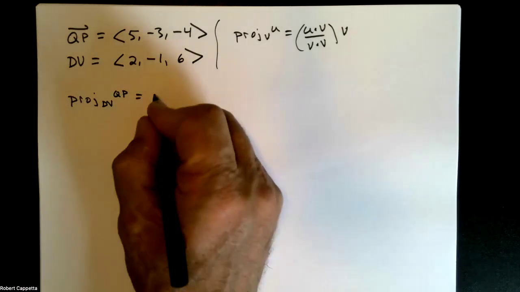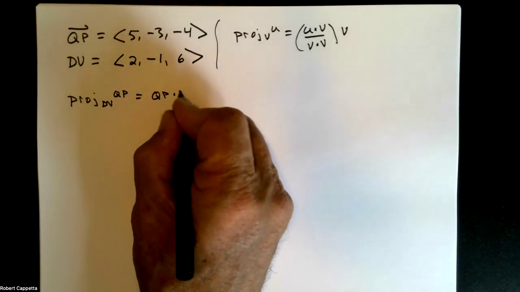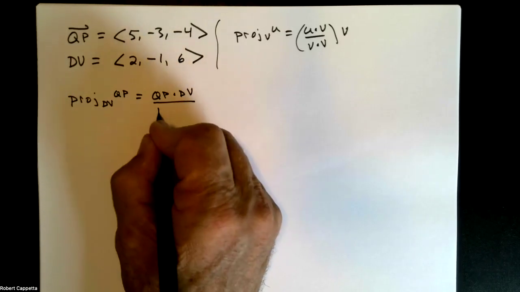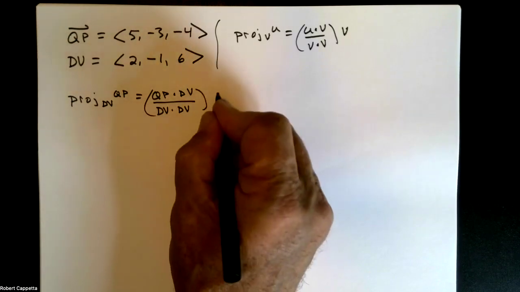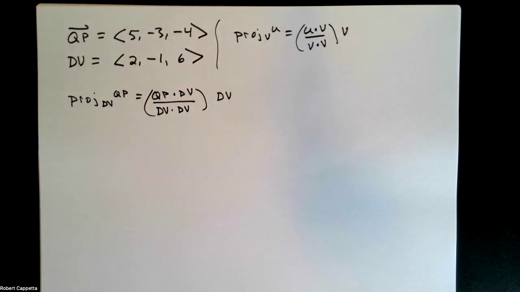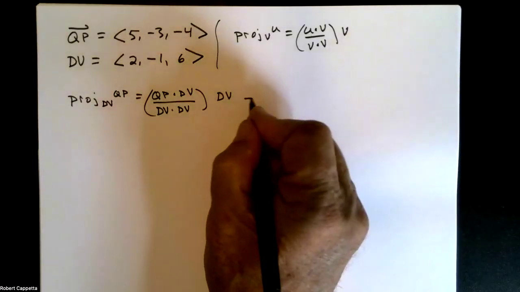It's going to be QP dot dV over dV dot dV times dV.